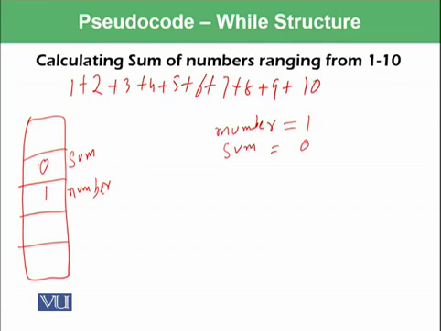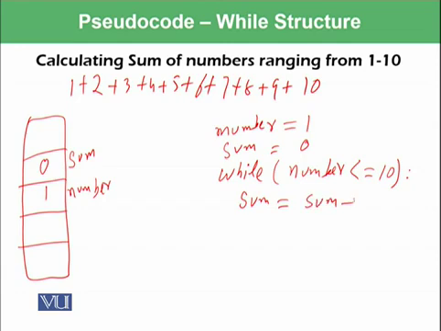So sum has a 0 value, and then we can say: while number is less than or equal to 10, sum is assigned sum plus number, and number is assigned number plus 1. Let's try to execute it.